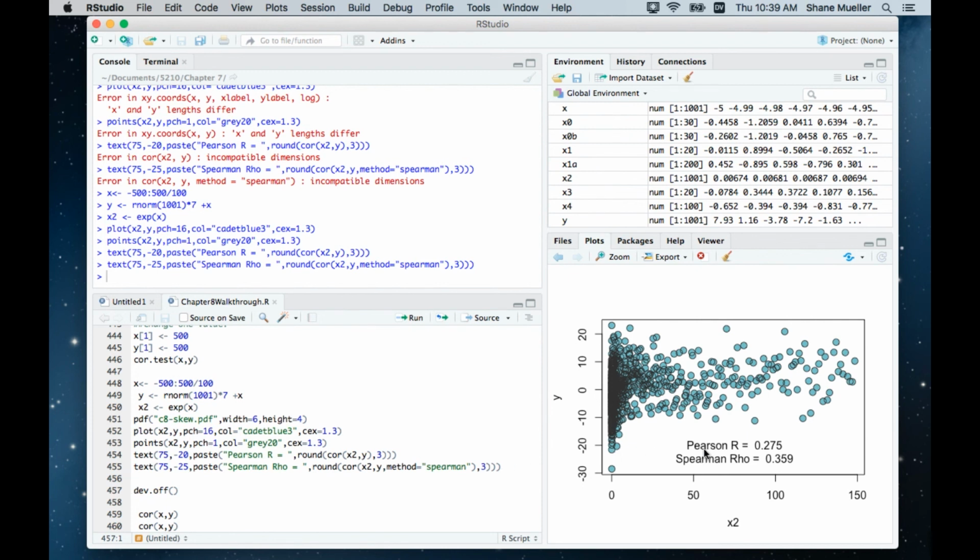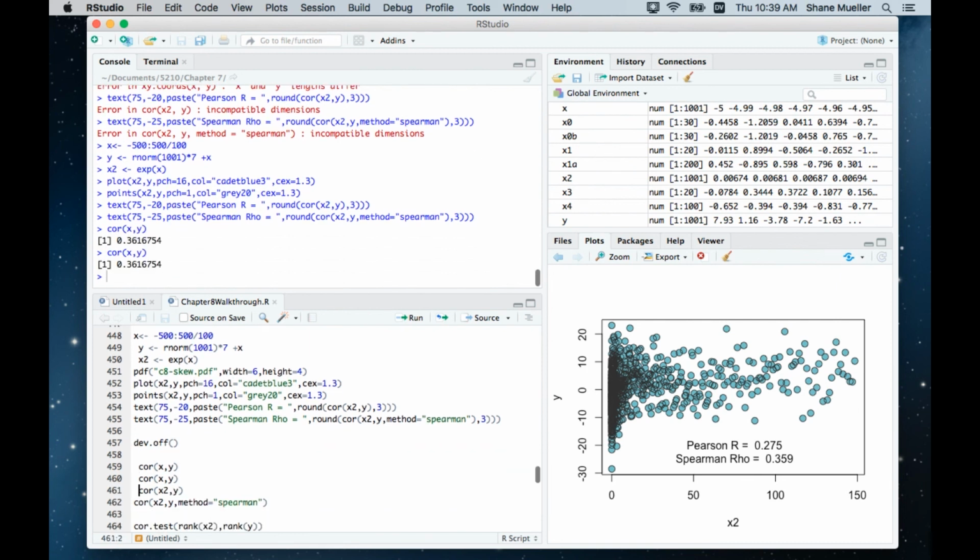So this would be the equivalent of a non-parametric test of correlation, because it doesn't punish you that much more for having huge differences, because all of these will get stretched out to be equally different when you place them in the rank order. And you can see here that in this case, the Pearson correlation was smaller than the Spearman correlation because it was influenced by this long tail.